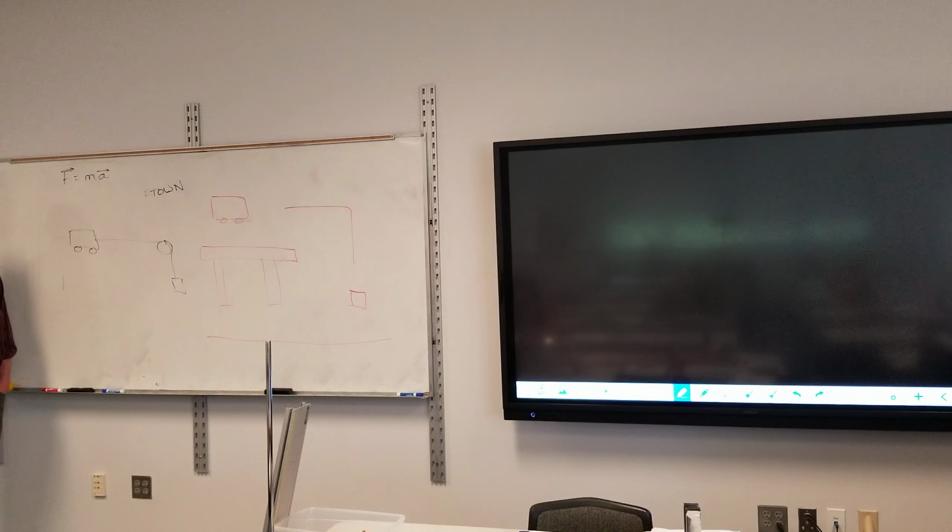Don't worry. Normal force. Normal force. Acting on what? The cart. Acting which way on the cart? Down. The normal force is pulling this thing down?